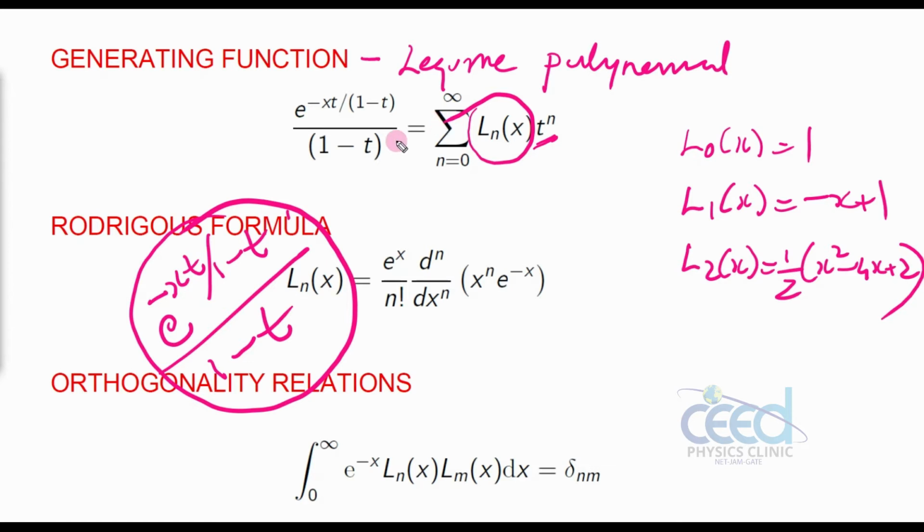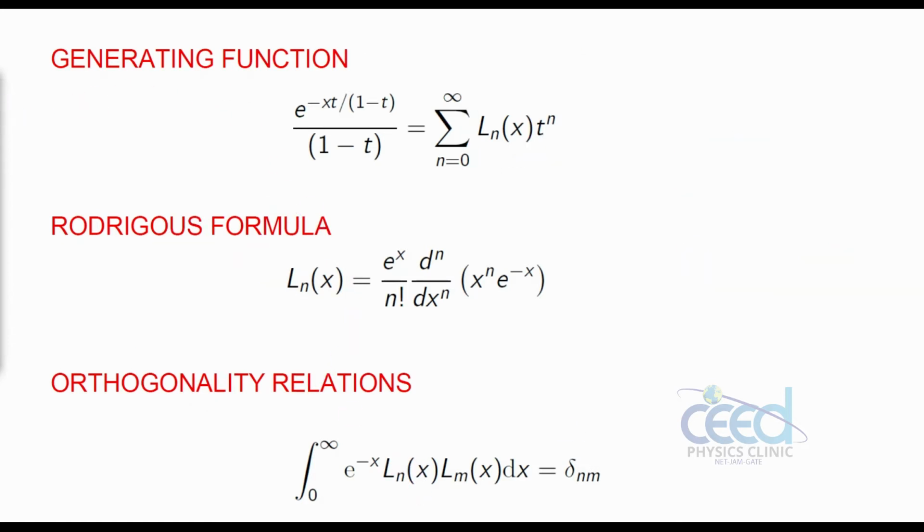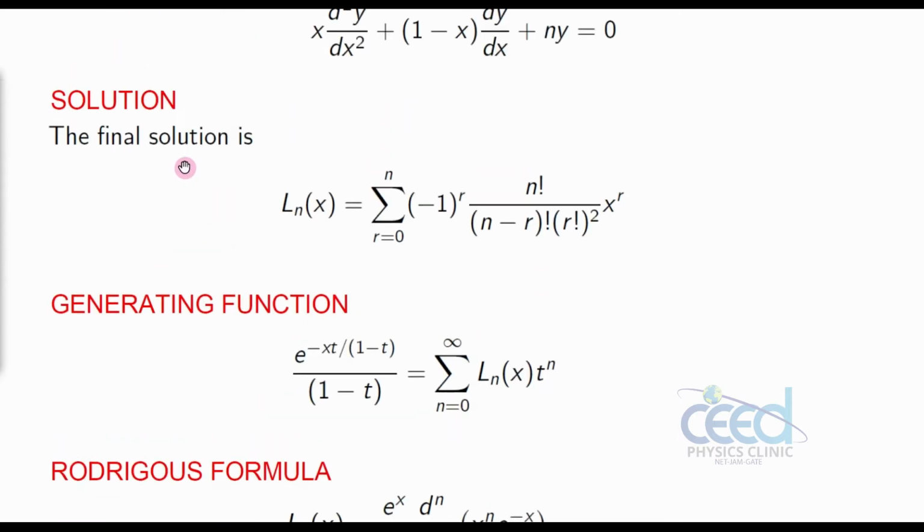So let us expand and prove that the t raised to 0 coefficient is 1, the t raised to 1 coefficient is L1 of x, and the t raised to 2 coefficient comes as L2 of x. That all we can prove, that we are going to do here. Okay, so let us expand this generating function first, right?